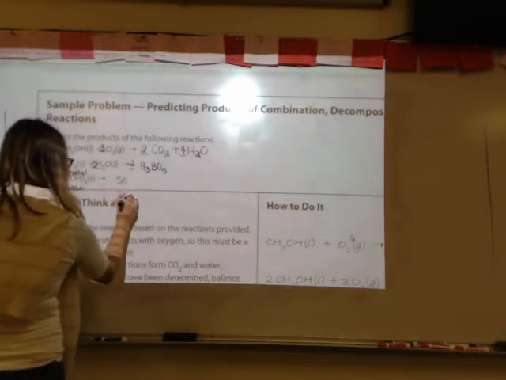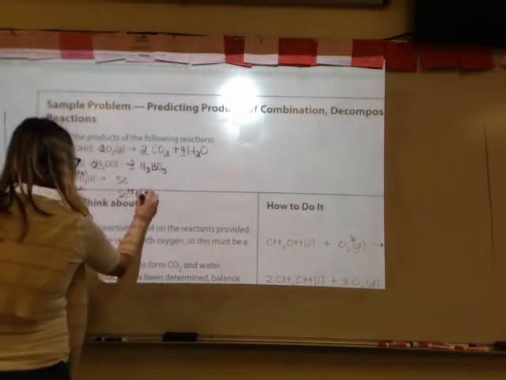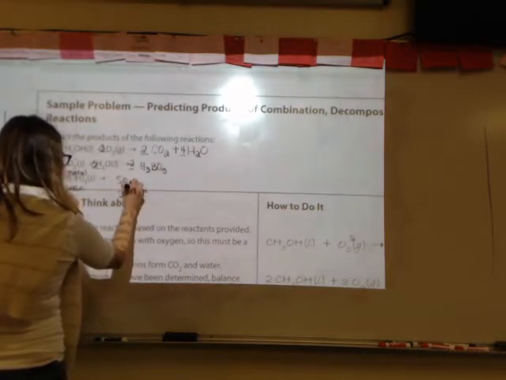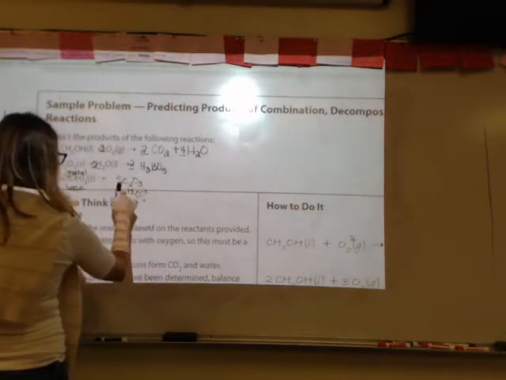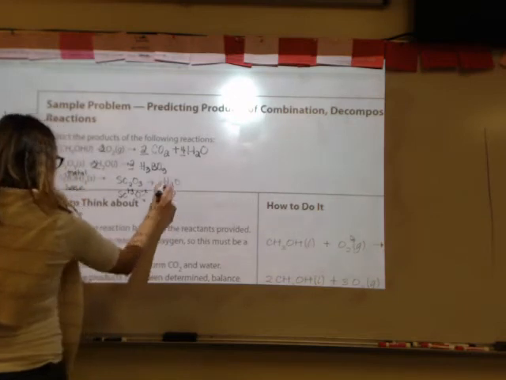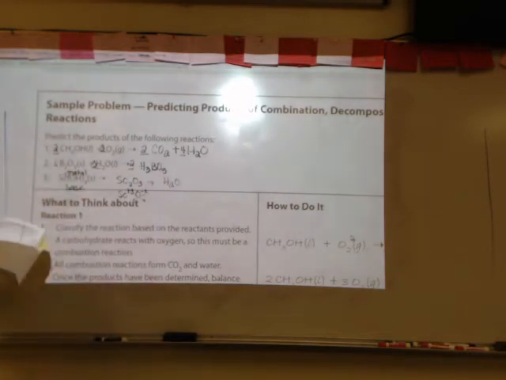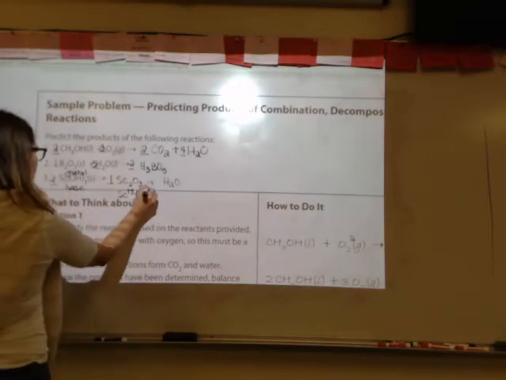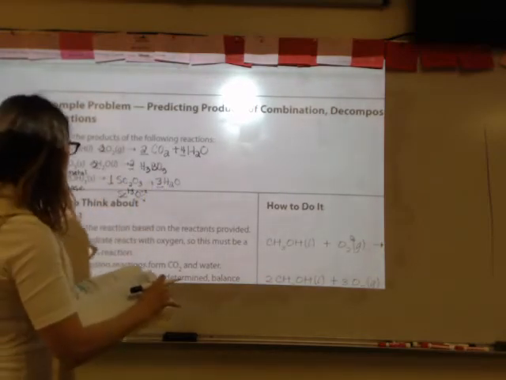So this would be Sc +3, O -2, you would cross it, you would get Sc2O3 for your metal oxide, and then you're also forming water, which is H2O. And to balance it, this would be a 2 and a 1 and a 3, okay?